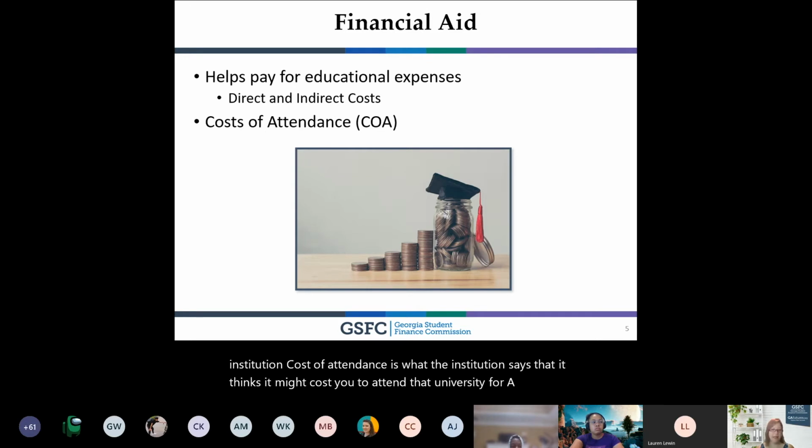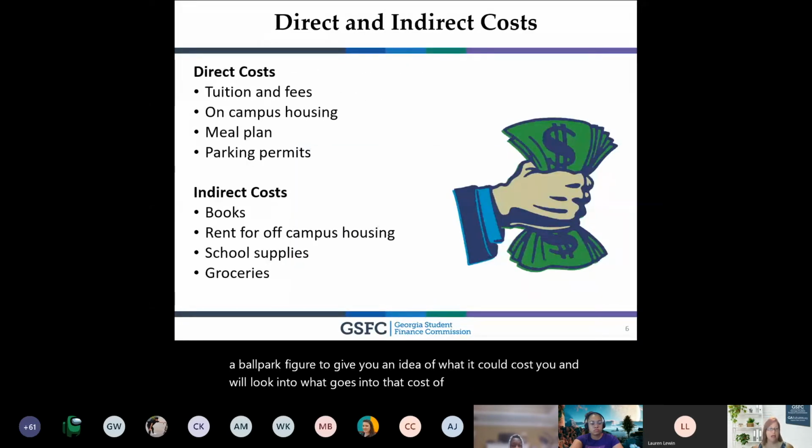It's an estimate. It's not an amount that you have to pay the institution. It's a ballpark figure to give you an idea of what it could cost you. And we'll look into what goes into that cost of attendance: direct cost and indirect cost.